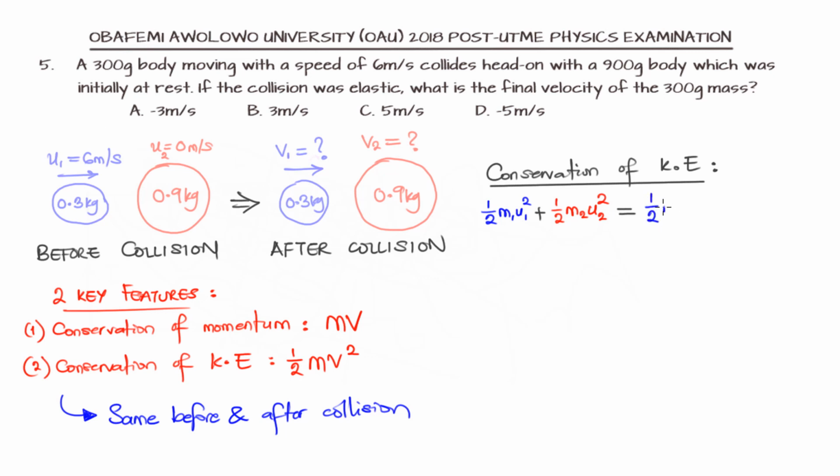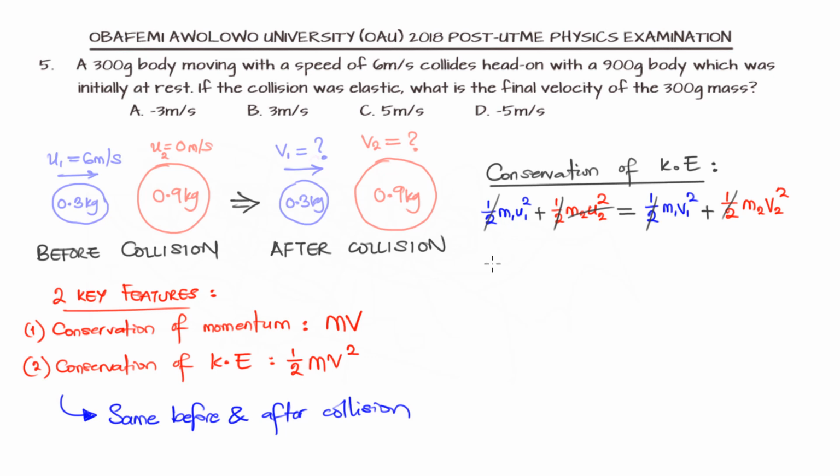So we have half m1 v1 raised to power 2, plus, for the second body, half m2 v2 raised to power 2. Now we also want to simplify this. The half is common to all the terms, so we can cut them out; all the halves can divide themselves out. The initial velocity u2 for the second body is 0.